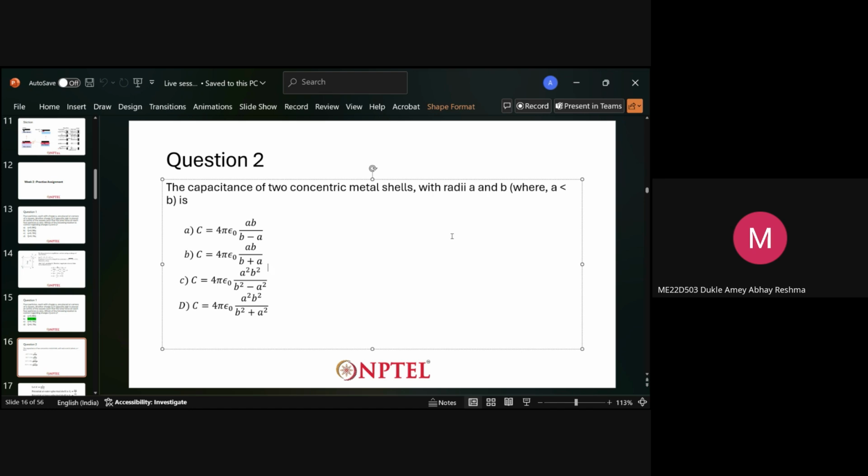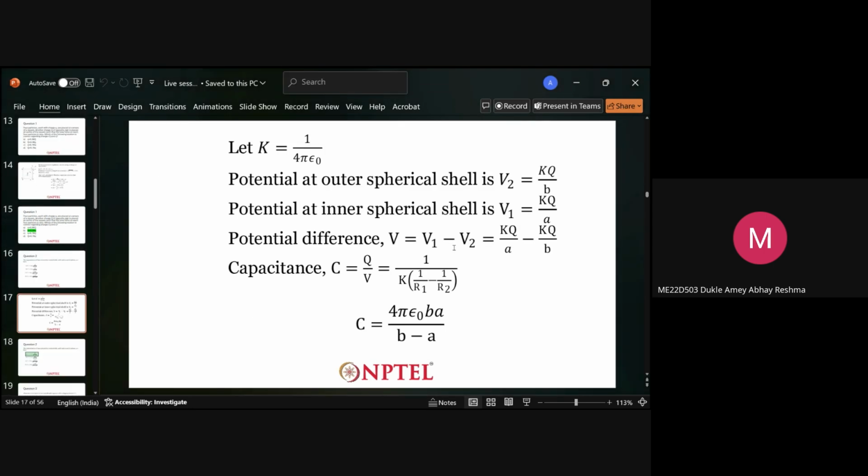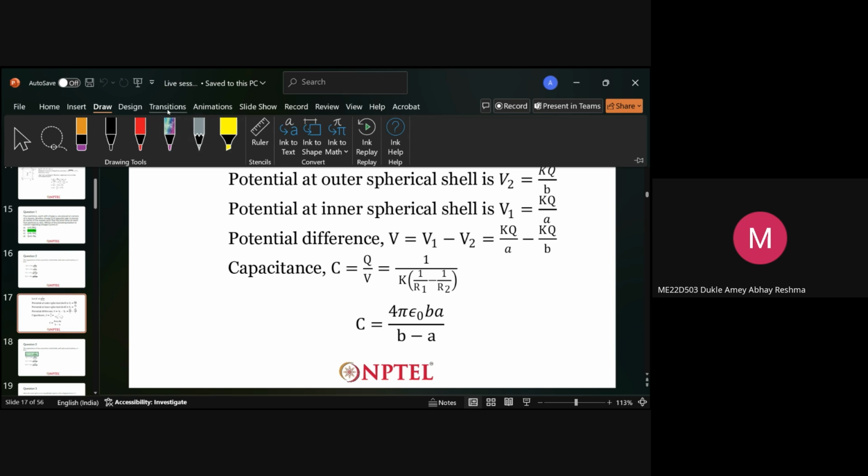So we already know the formula for capacitance. This is how we get the capacitance. We know what K is, so we eliminate K. Then we find the potential at the outer sphere.